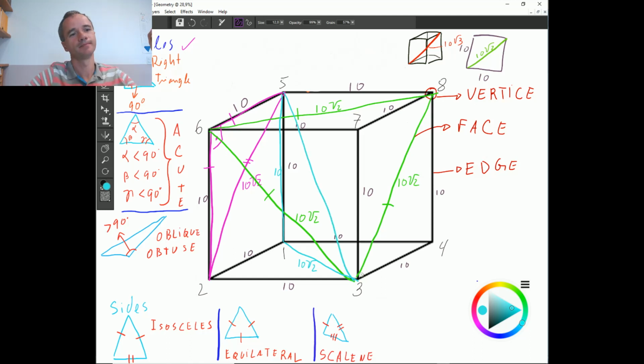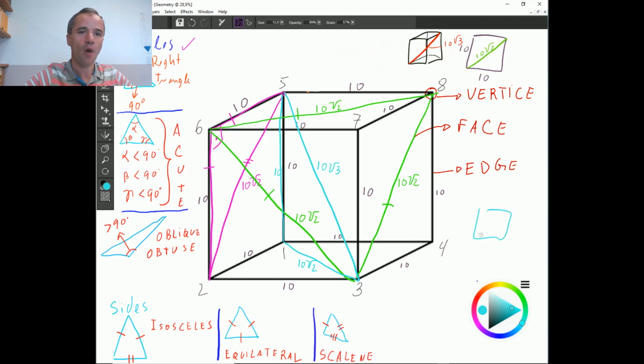I know it's not very good, because trust me, I tried 30 minutes before preparing this video, just trying to shoot lines in their proper position. It's not very easy. Anyway, 10 square root of 3. Remember the square in here.